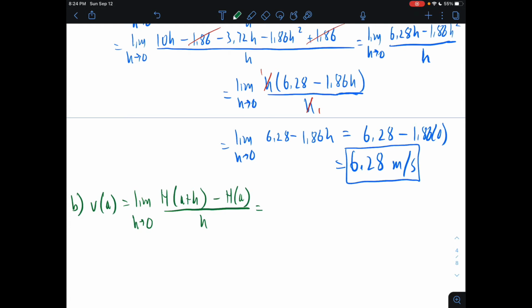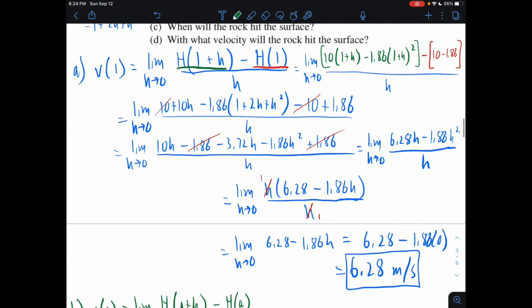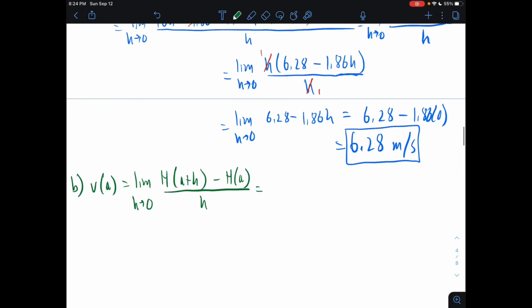And I can plug in those expressions just like I did when I had 1 plus h and 1. So this will be 10 times a plus h minus 1.86 times a plus h quantity squared, and then minus, instead of 10 times 1, it's just 10a minus 1.86a squared.